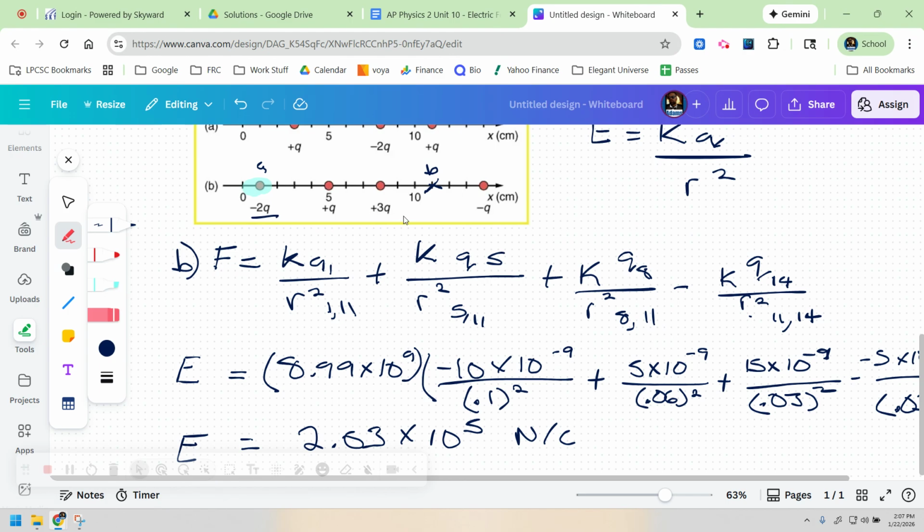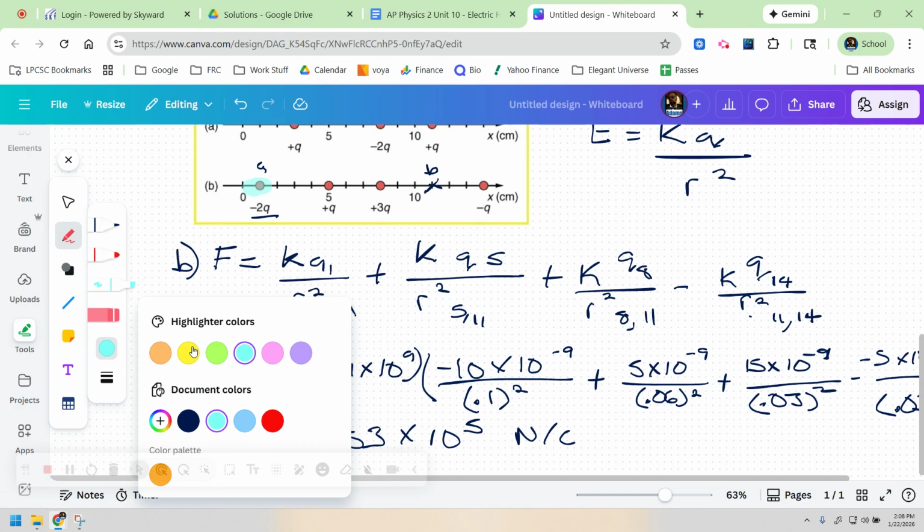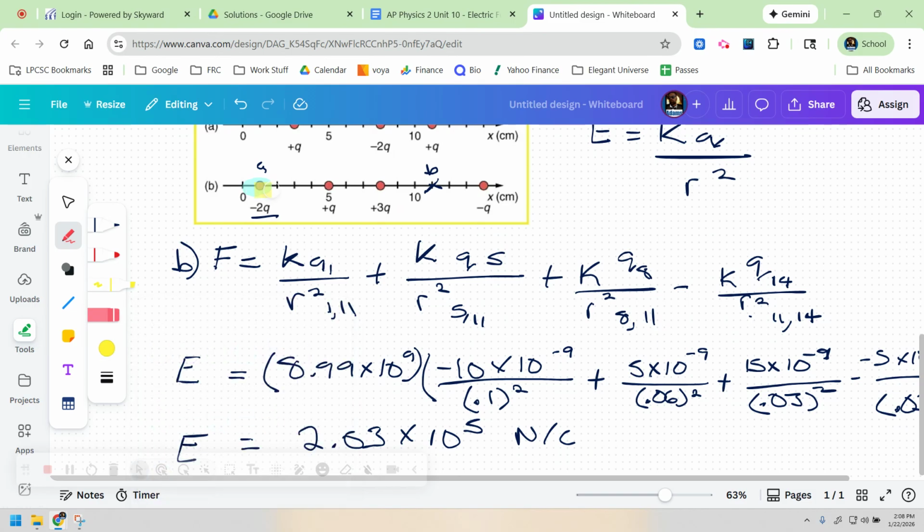So if they're allowed to move freely, they're going to get close. This charge is going to move this way. This charge is going to move in this direction, right? You guys understand that? Because these two are going to repel.